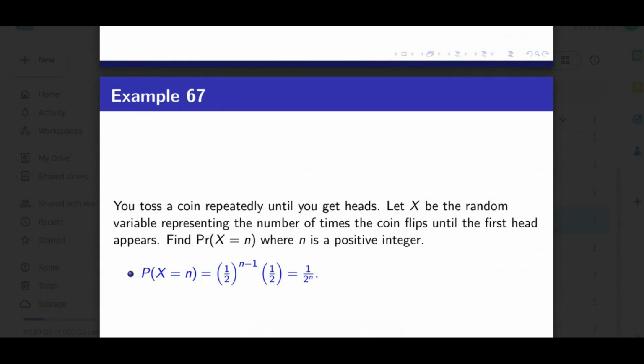First of all, do you agree with this? Why is there n minus 1 here? Because tail, tail, tail, tail, tail, tail, tail, tail, and the last one is a head. Then you stop. Because what does X measure? X is how many times you must do something until something happens, including that time.